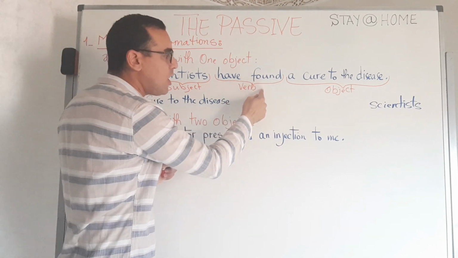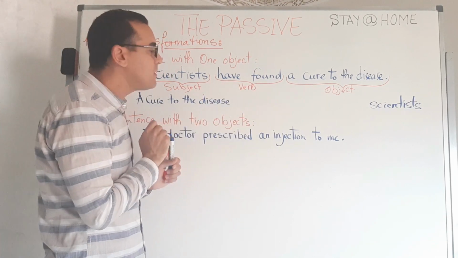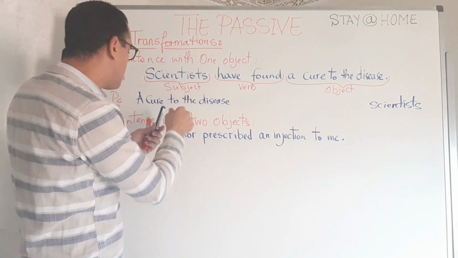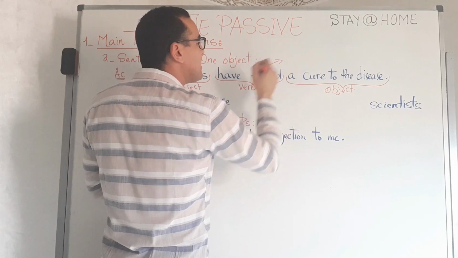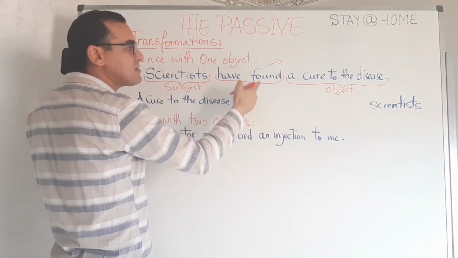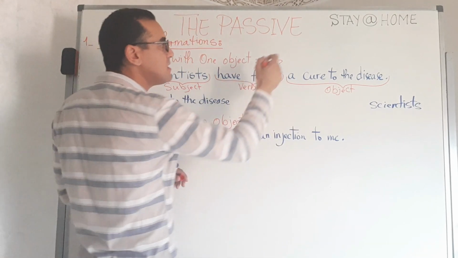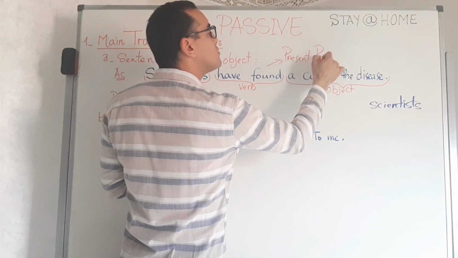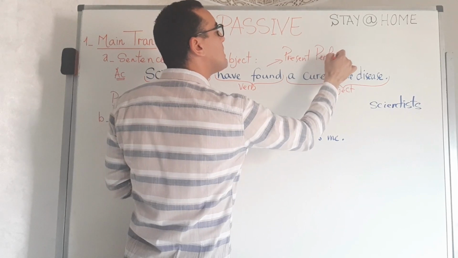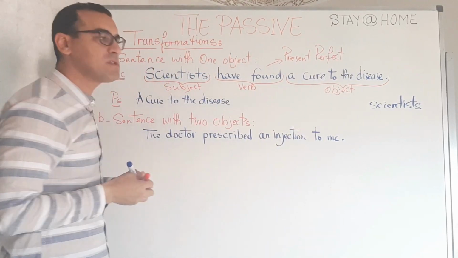Then we need to transform the verb this way. We have found. We should always state the tense. Have found. Have plus past participle of the verb. It is the present perfect. So we have to state the tense of the active verb. It's present perfect.